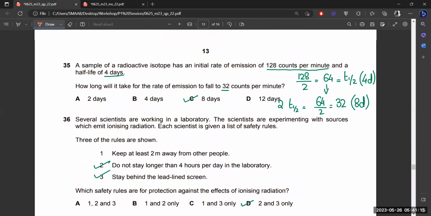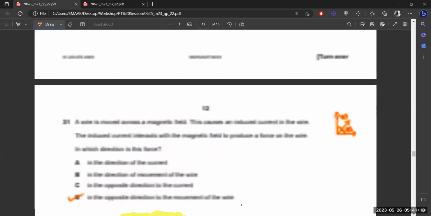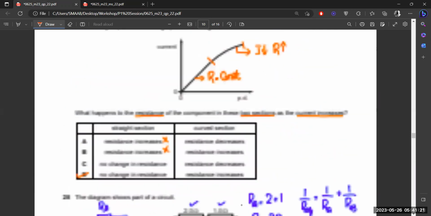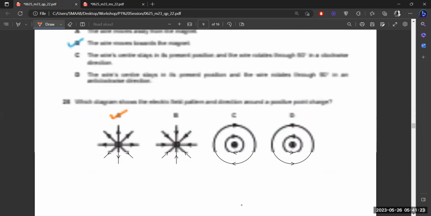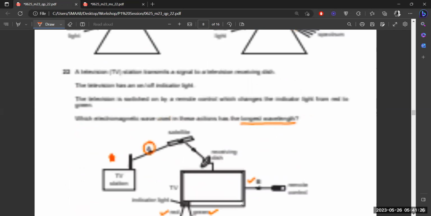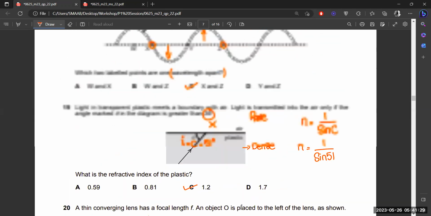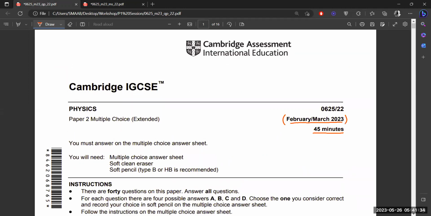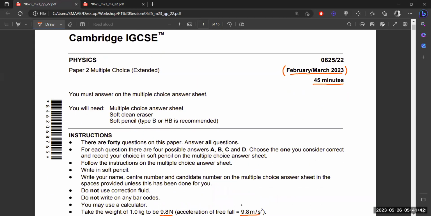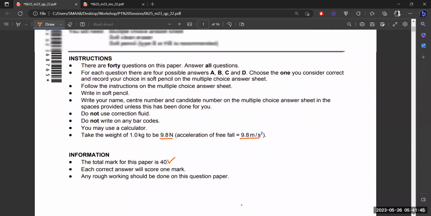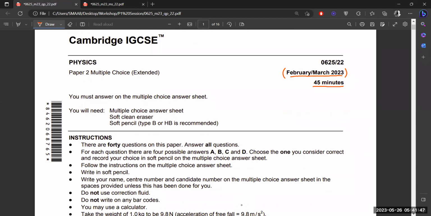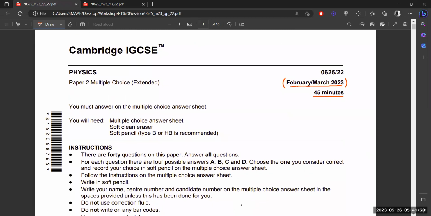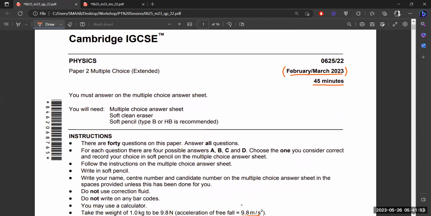You may download it from there, and I hope this will give you confidence, especially those students who are doing topicals and are now going to start the yearly papers, that in the latest questions or in the new syllabus included in 2023, this is the February March paper. Questions are not very difficult. Only two or three questions are tricky. And most importantly, most questions are repeated, and I mentioned with the question that those questions are repeated.